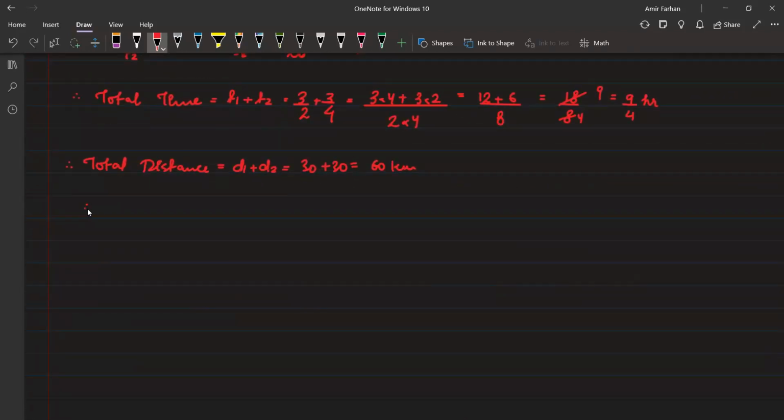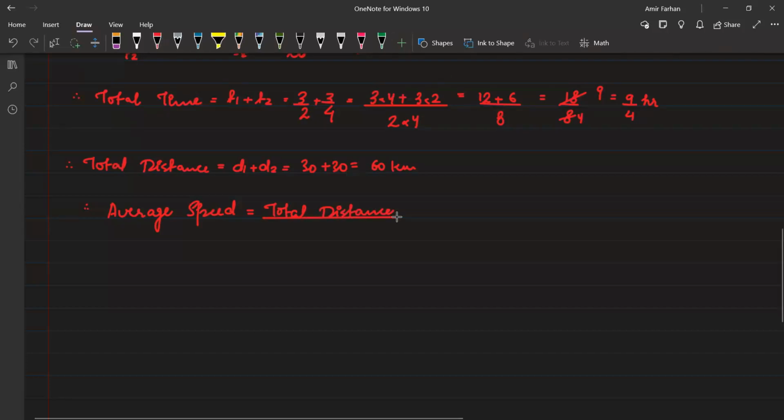So average speed is 60 divided by 9 by 4.